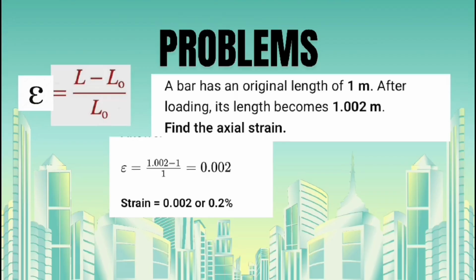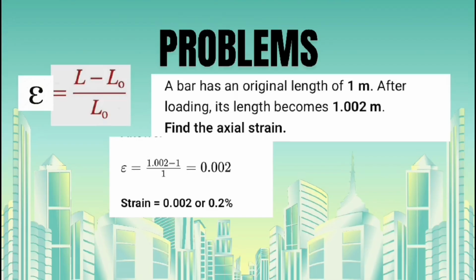Using the axial strain formula, where epsilon is equal to the final length minus the original length over the original length. As we can see in the given problem, the length is already given. So we just need to substitute the given in the formula.